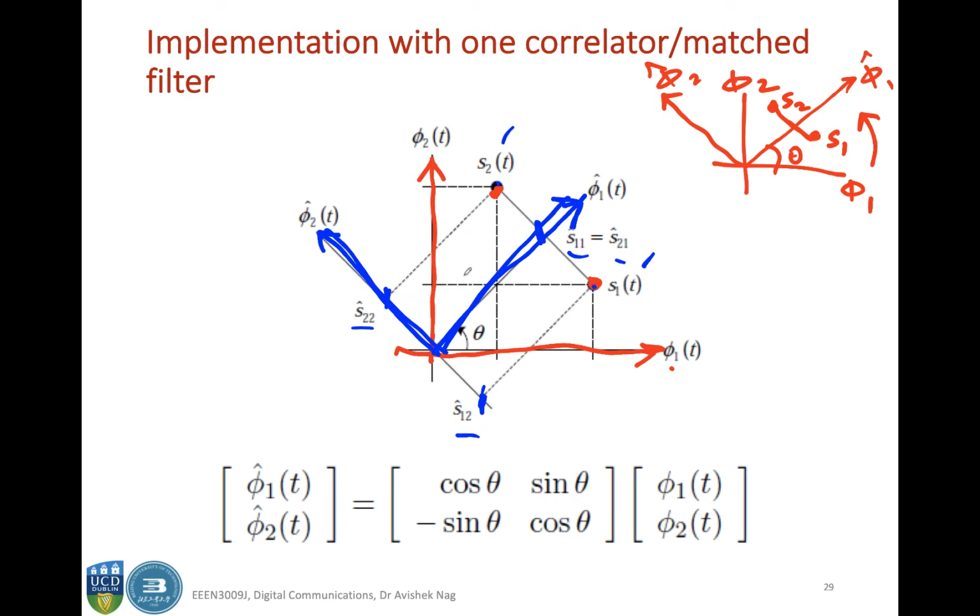So this is the same as the example that we did. If we can do this, then we can have a single matched filter implementation of the receiver, and we can do this transformation, this angular rotation by theta, by this mathematical expression. You have the original set of axes defined by phi 1(t) and phi 2(t).